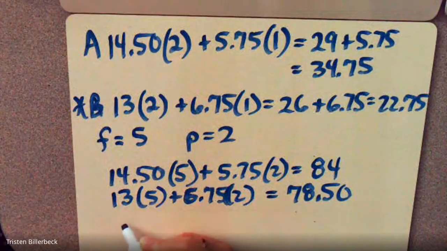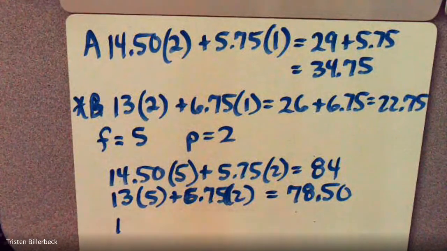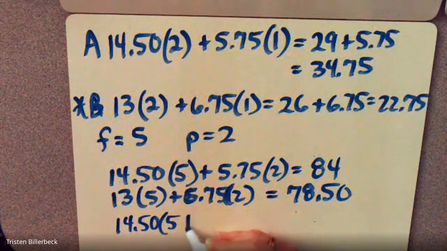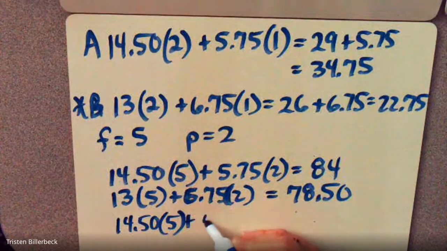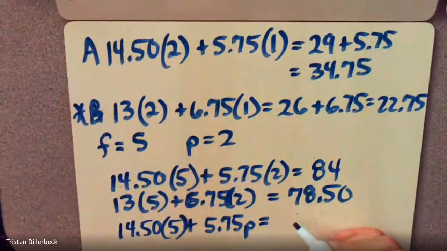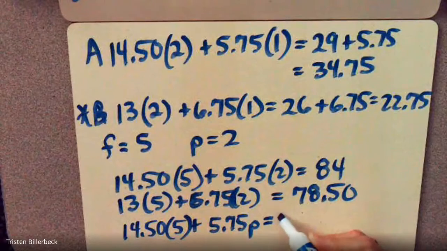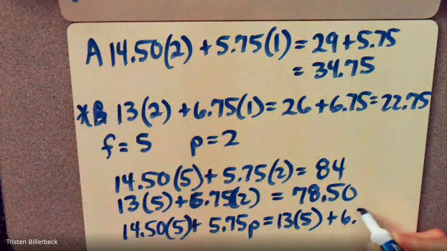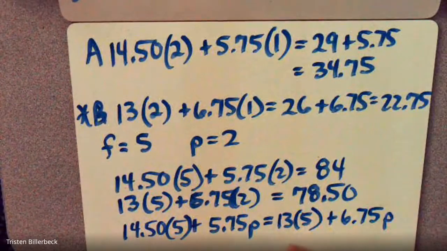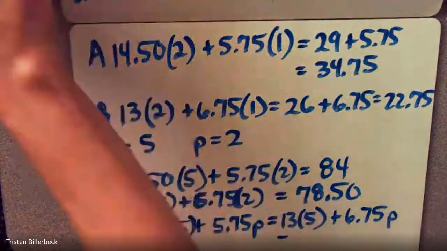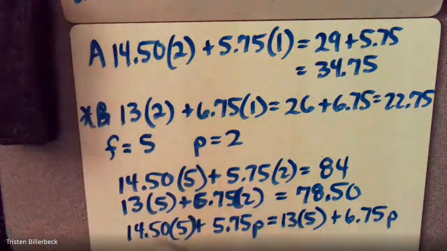So we have 14.50 times 5 plus 5.75 times P, which we leave as P until we have a break even, equals 13 times 5 plus 6.75 times P. We want to move everything over, so let's go ahead and calculate as we move this over.